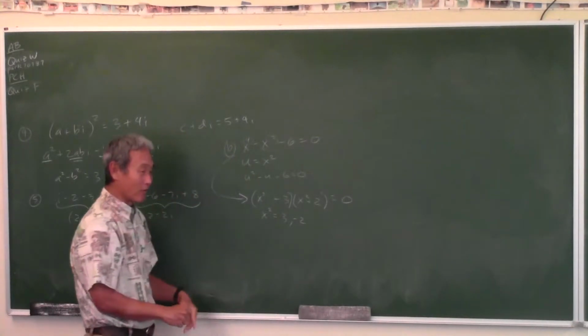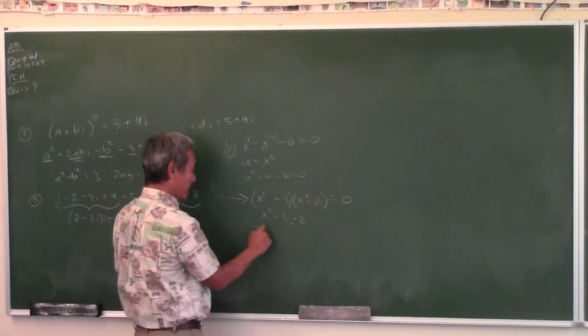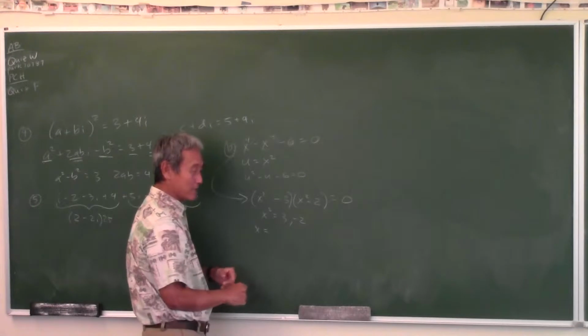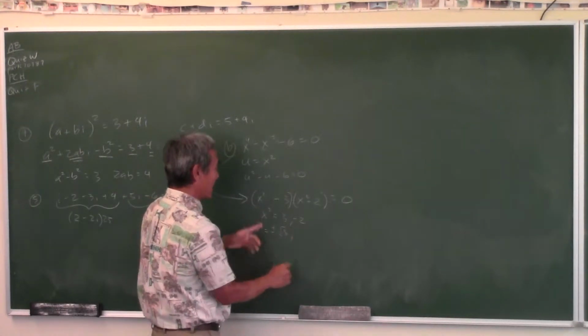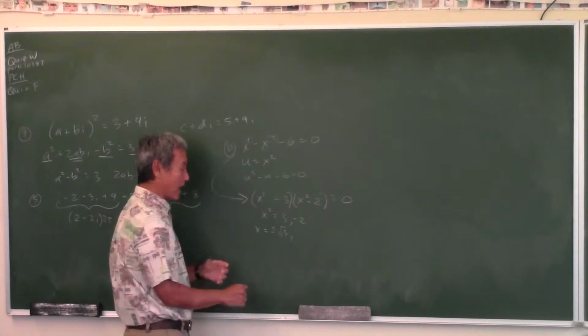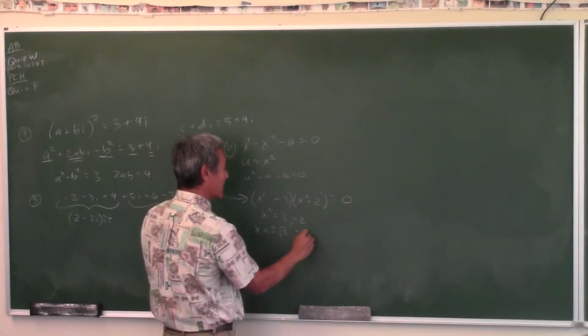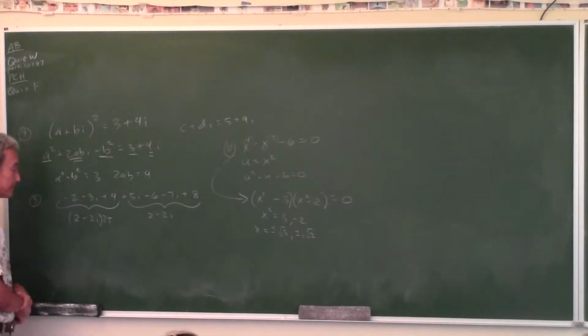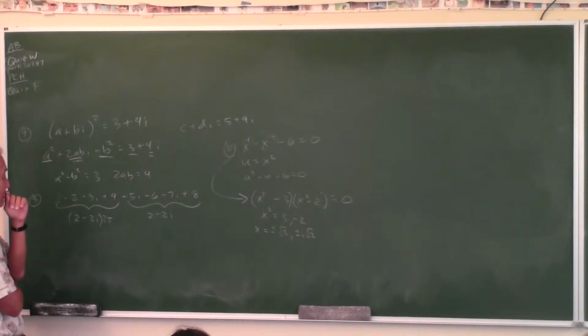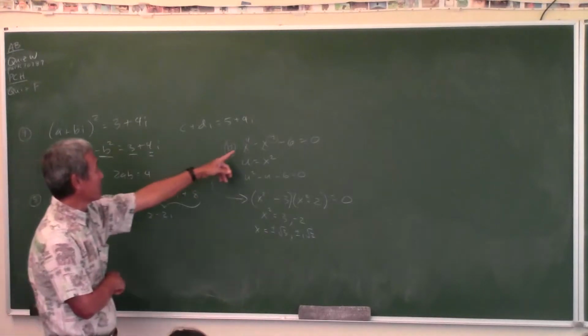Now can I write down the 4 solutions? Yes. If x squared is equal to 3, x equals plus or minus root 3. If x squared equals negative 2, then x is plus or minus i root 2, because the square root of negative 1 is i. How come I get 4 answers? Because you've got x to the 4th power.